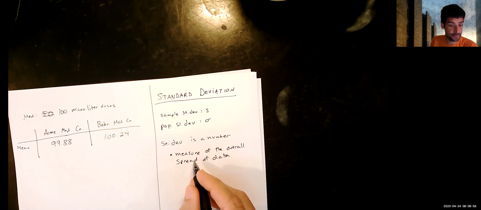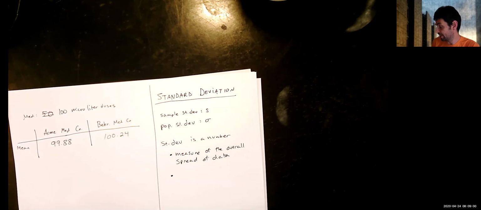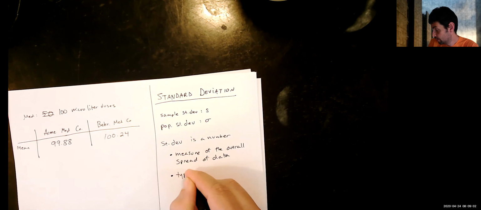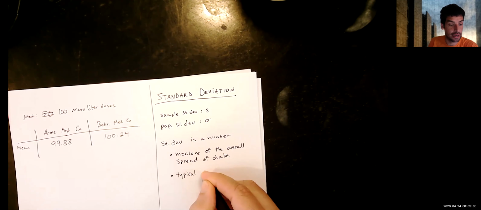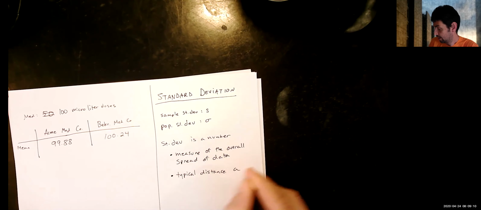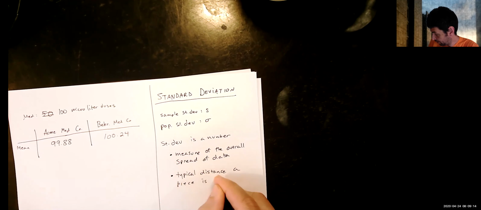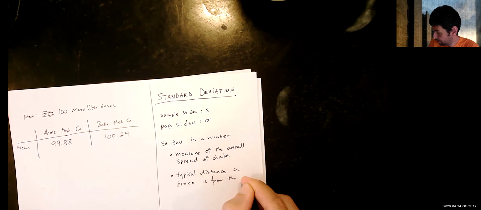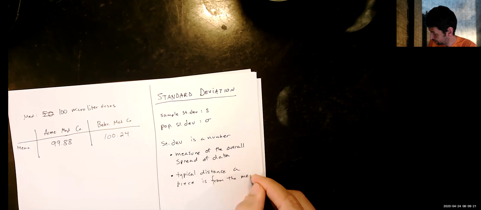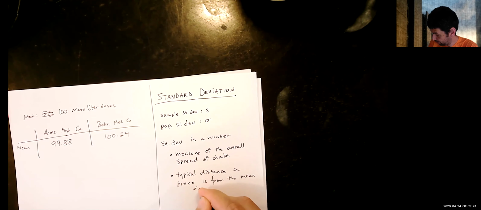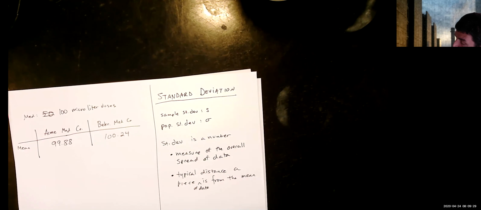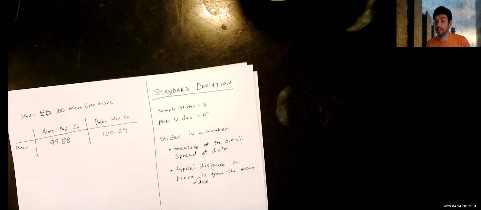That's one way to think about it. We can also think of it as the typical distance a piece of data is from the mean. Oh, I forgot the word data in there. The typical distance a piece of data is from the mean, okay?